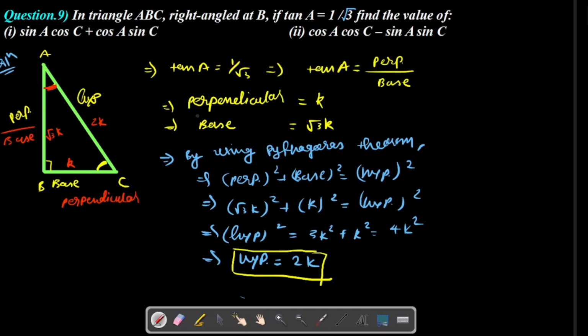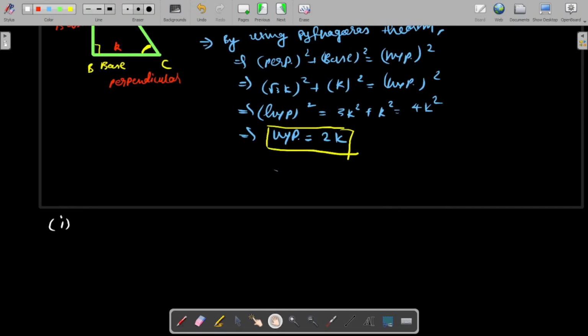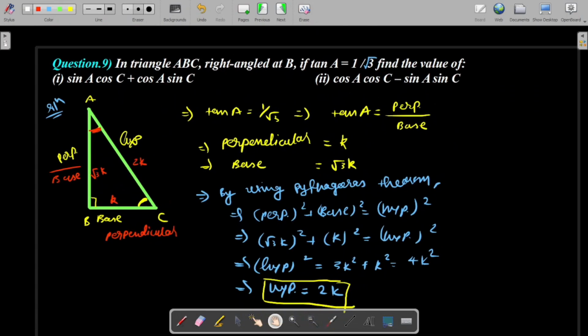Now what is our equation here? We have the equation sin A cos C plus cos A sin C, right?